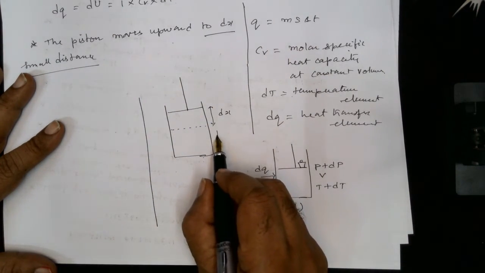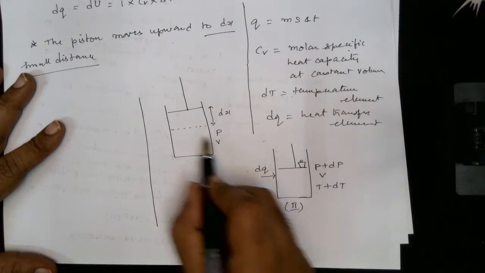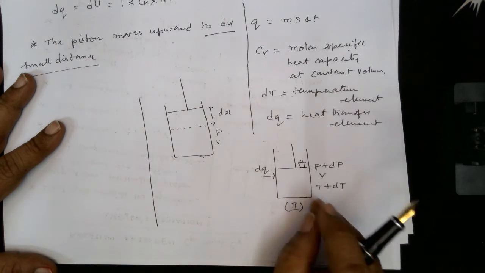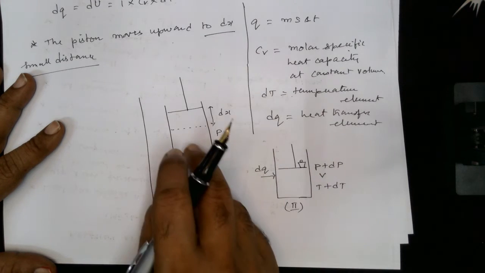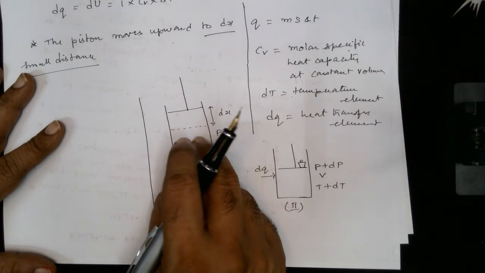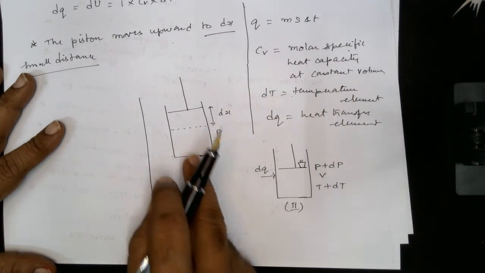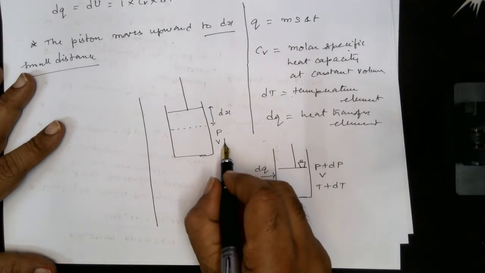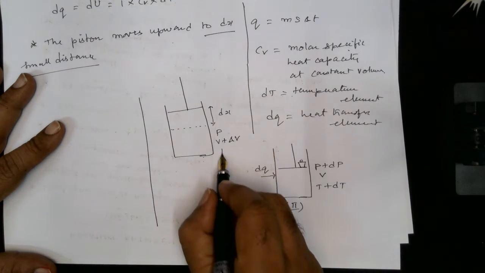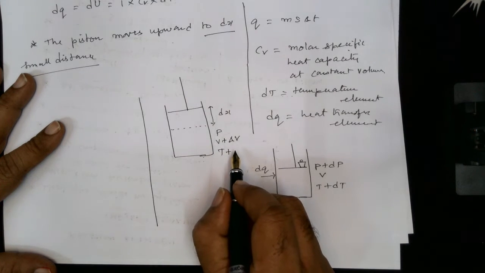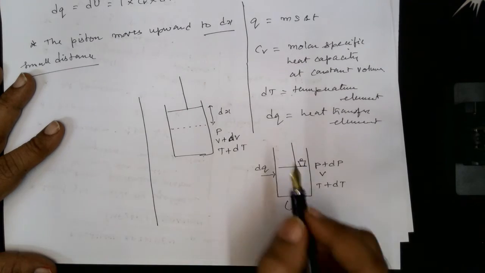And what about the pressure? Pressure was maintained constant, but there is a change of volume, whereas here, because of the weight, the volume is kept constant. Do you understand? But in this case, what am I changing? I am changing the volume. Since I removed the weight, there is an expansion, and therefore V plus small delta V. And temperature also changes from T plus dT.